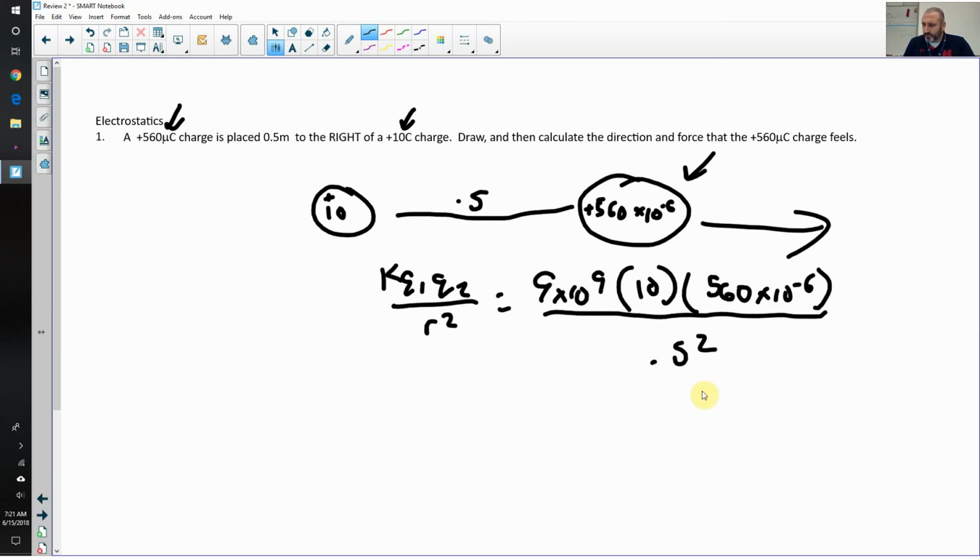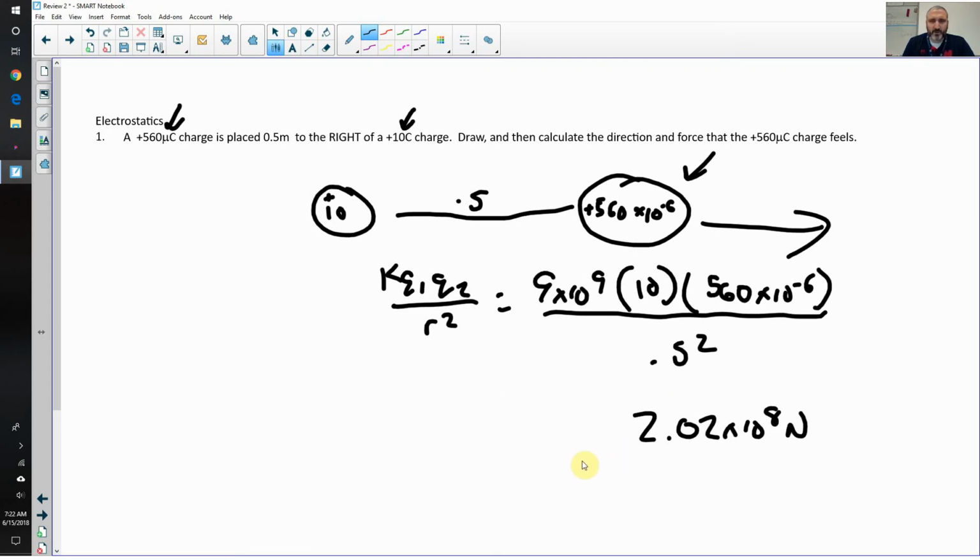And if you do the math, you should end up with 2.02 times 10 to the 8th newtons. I just want to verify that. 9E9 times 10 times 560 times 10 to the negative 6th divided by 0.5 squared.